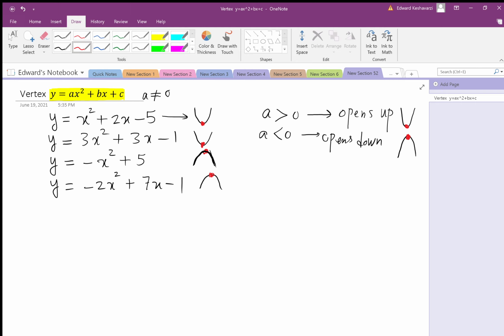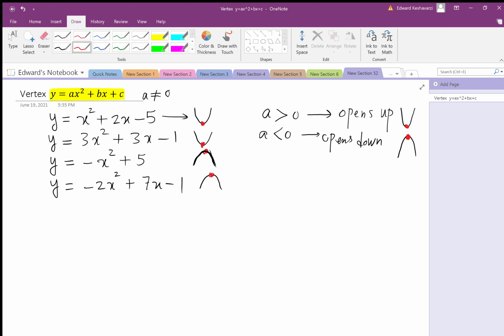So this point determines the domain, range, axis of symmetry, and a lot of features regarding a quadratic function. Therefore, finding the coordinates of this point is a big deal. So I'm going to teach you how to find the coordinates of the vertex in a quadratic function.